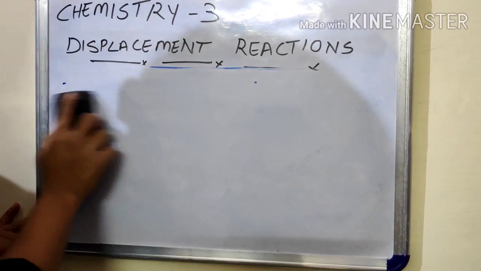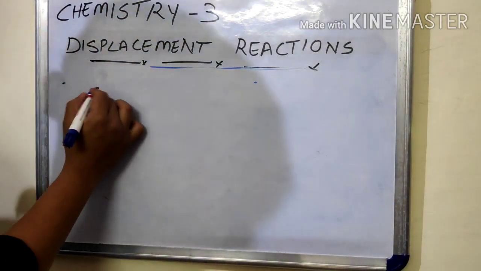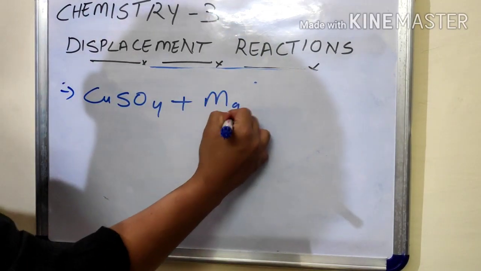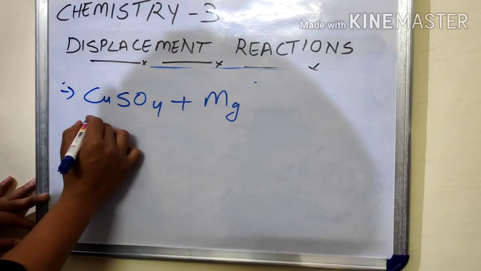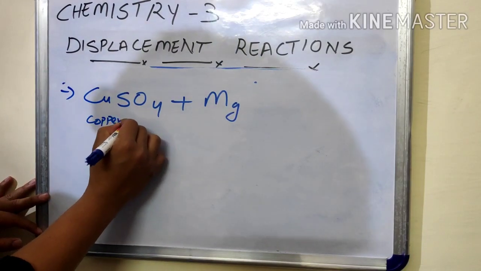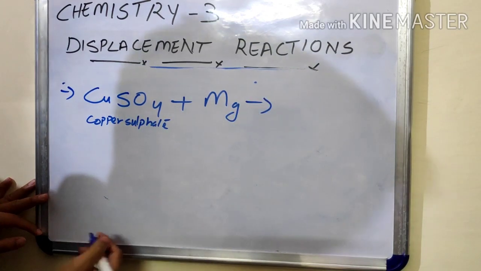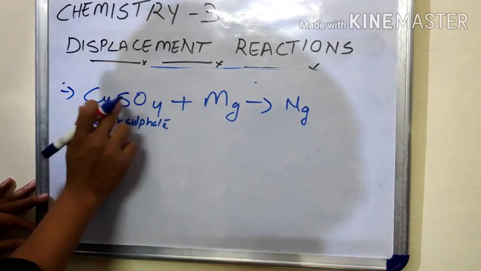Copper is very less reactive, so most metals react with it and displace it. Okay, so let us look at the next example. CuSO4 plus Mg. This is magnesium. This is your copper sulfate. Mg charge is also 2 plus, SO4 2 minus.